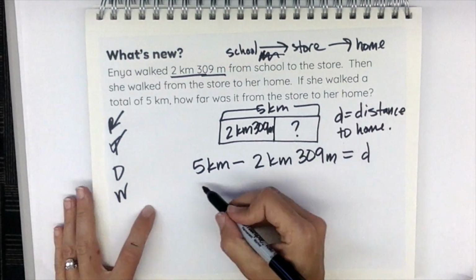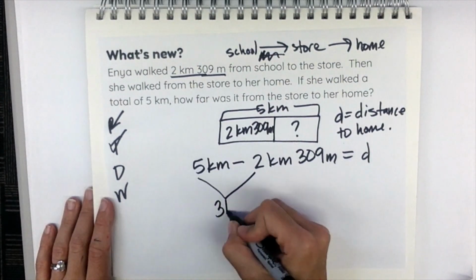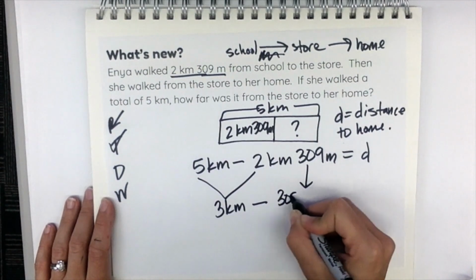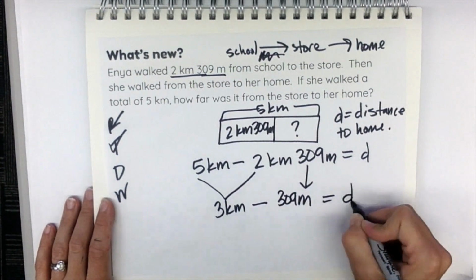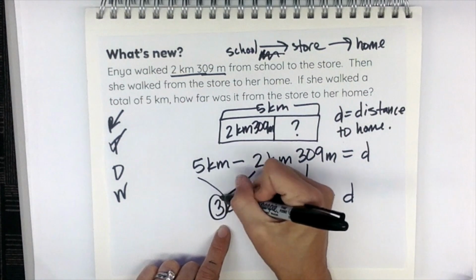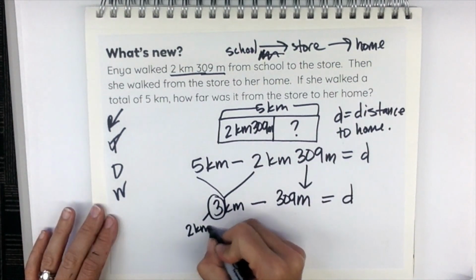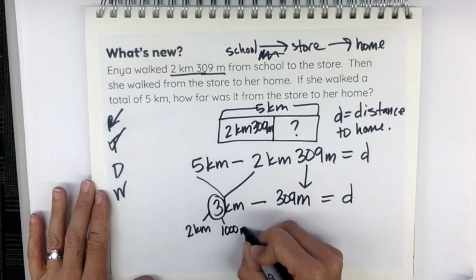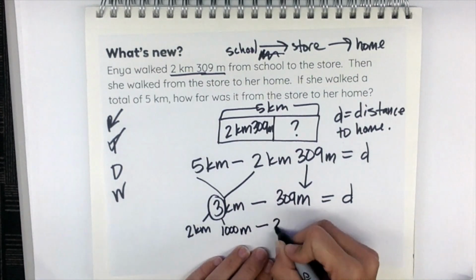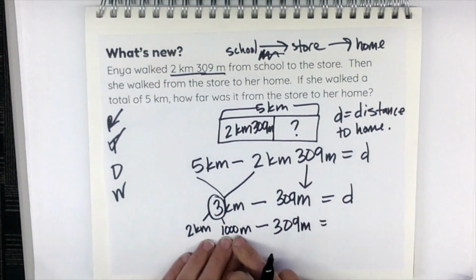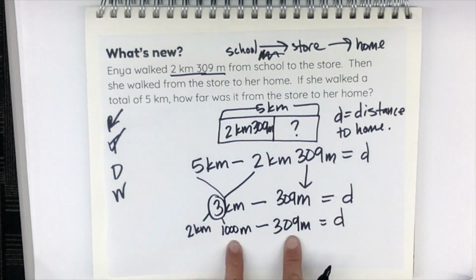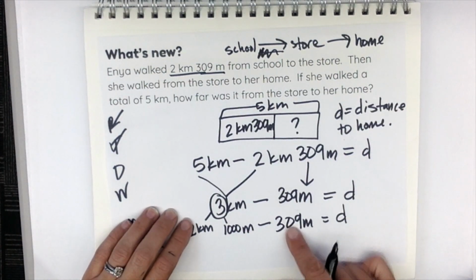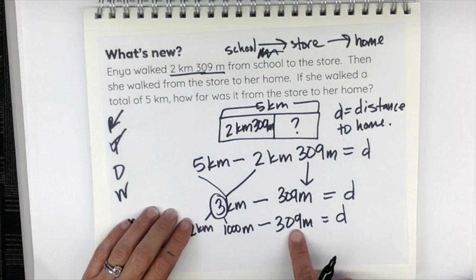Okay, so I'm going to do my kilometers first, 3 kilometers, and now I'm left with my 309 meters equals D. Now inside of 3 kilometers is 2 kilometers and another kilometer, which is equal to 1,000 meters minus 309 meters. Now I've converted that to meters, and now I can do my subtraction because they're the same.